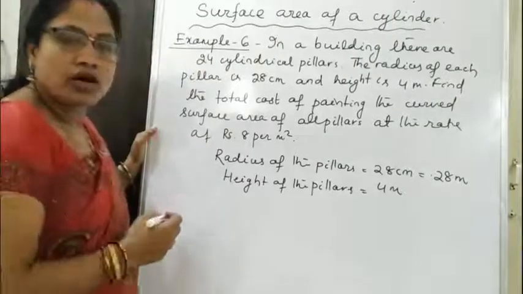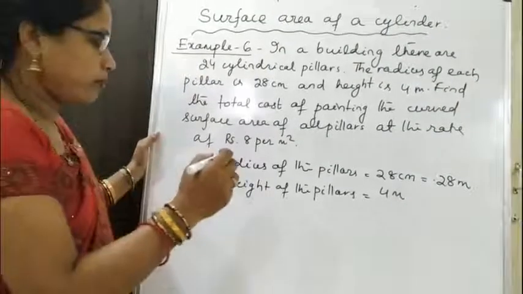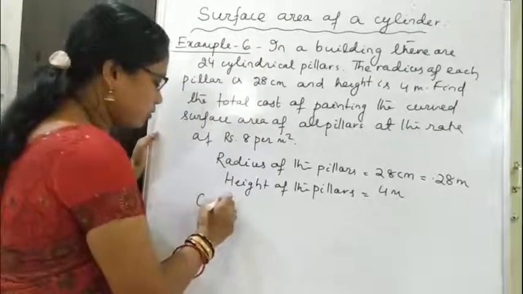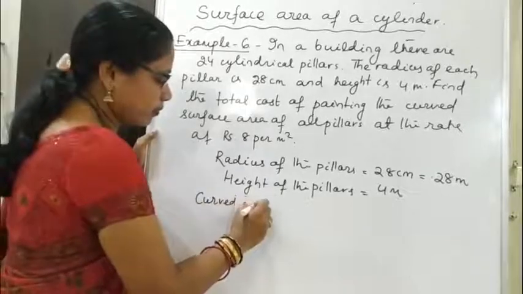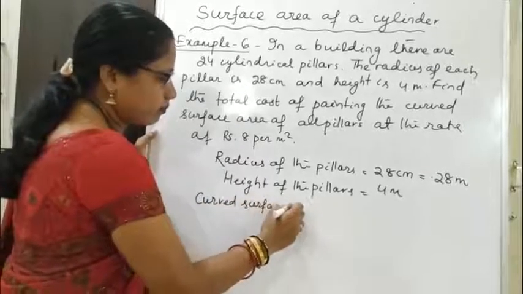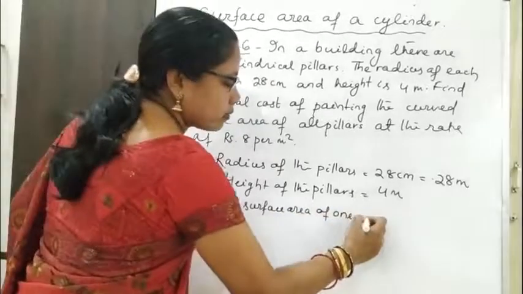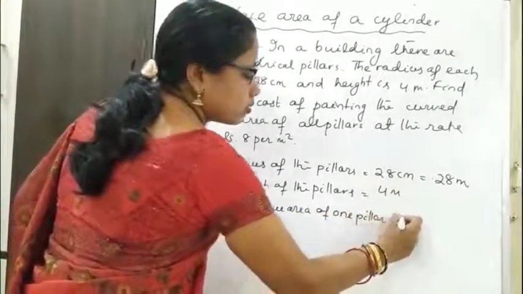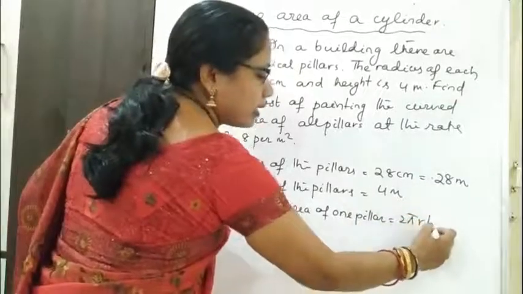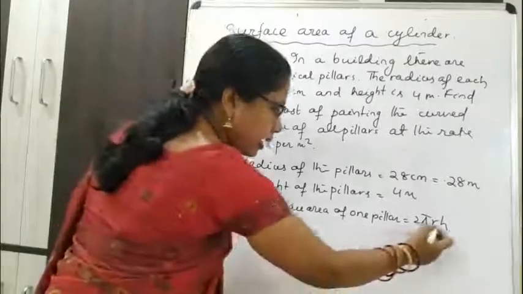So what is the curved surface area of one pillar? The curved surface area of one pillar is equal to 2 pi r h.